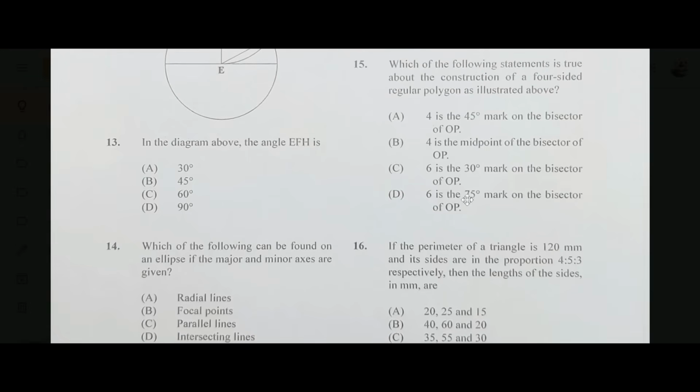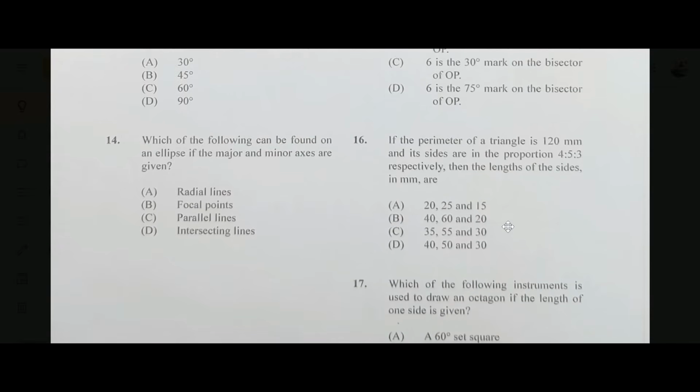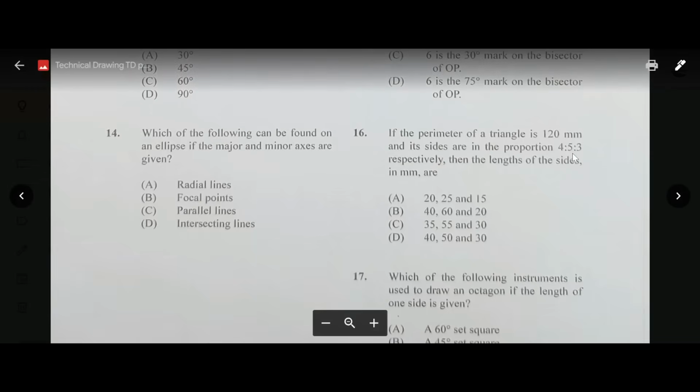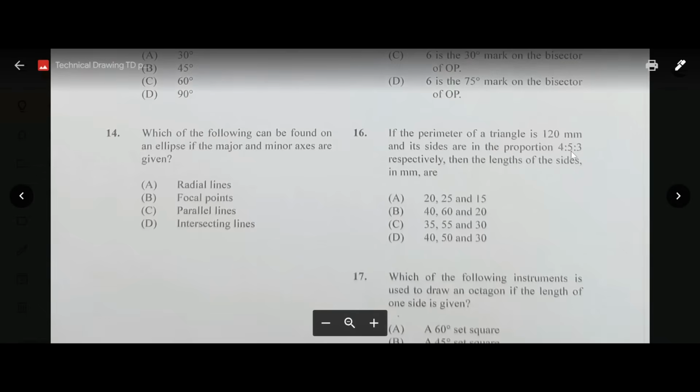Number 16, if the perimeter of a triangle is 120 millimeters and its sides are in the proportion 4 to 5 to 3 respectively, then the lengths of the sides in millimeters are. So the first thing we need to do is to add the ratio. So 4 plus 5 is 9 and 3 is 12. Then we divide the total perimeter by the number of units.